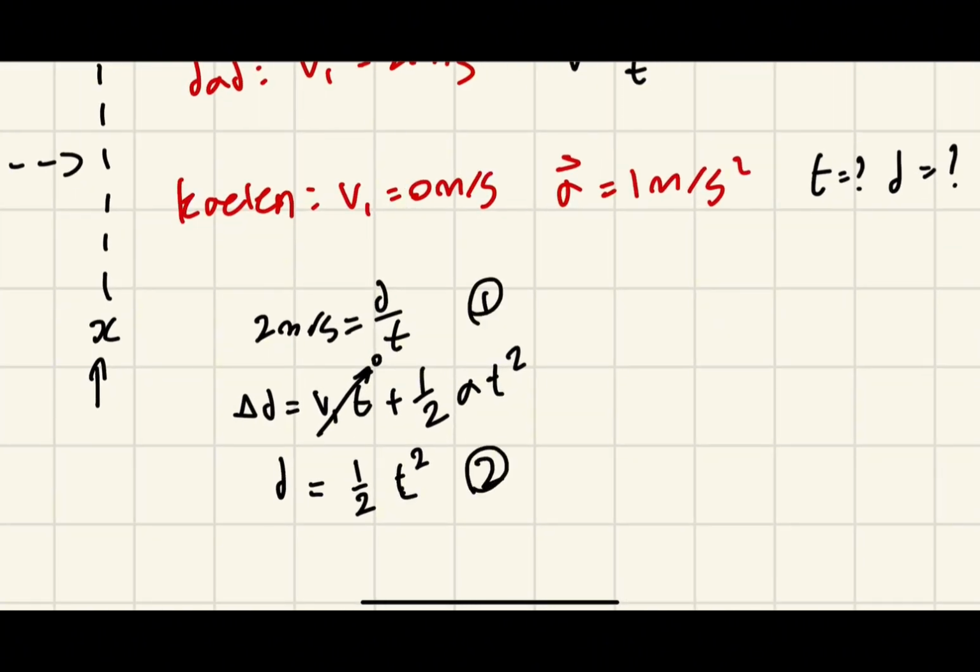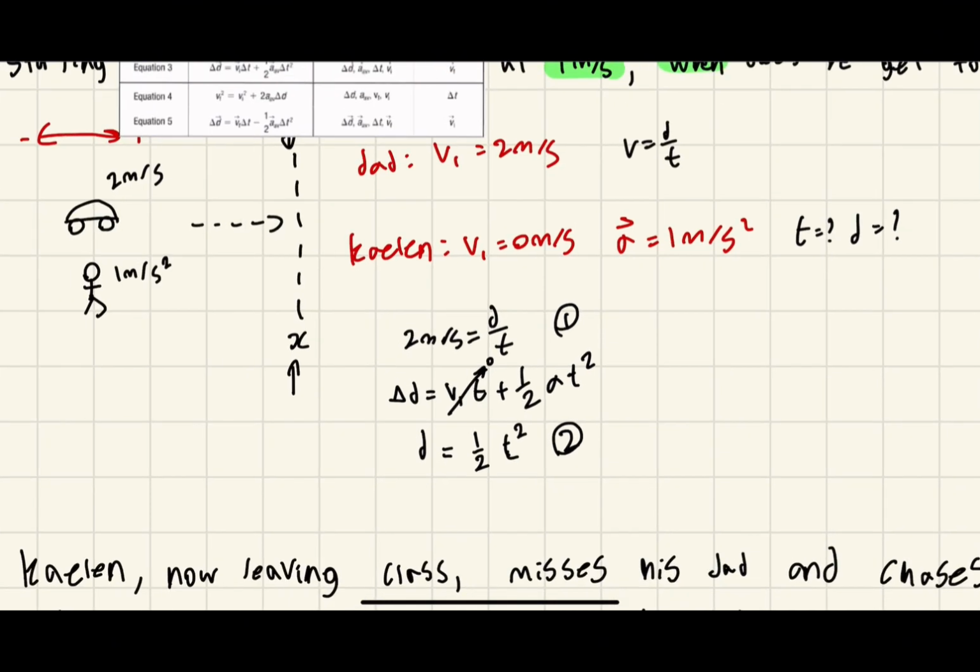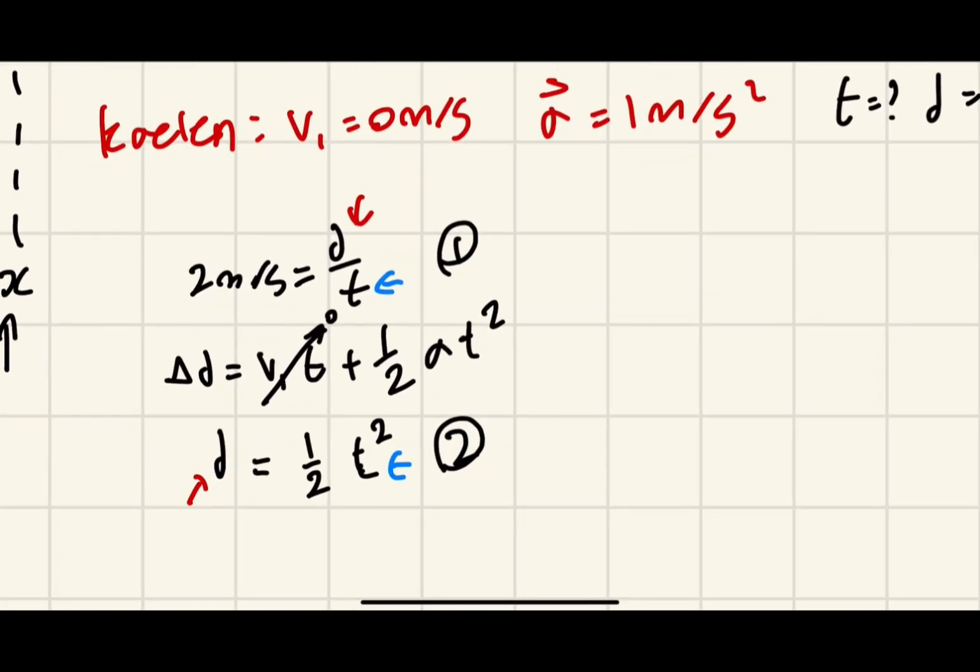Now, let's take a moment and look at it. We know that the distance each of them is going to travel is the same. So this d and this d are equal. We also know they're going to take the same amount of time to get here. So we know that this t and this t are equal. So we just have 2 equations, 2 variables. Let's just set them equal to each other.